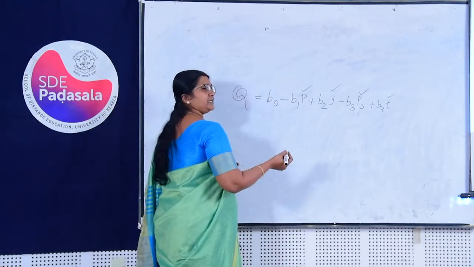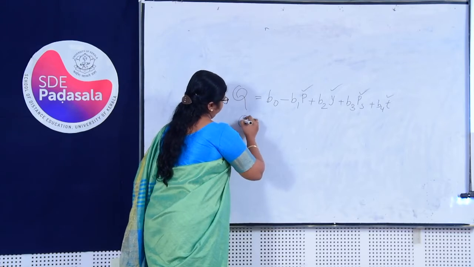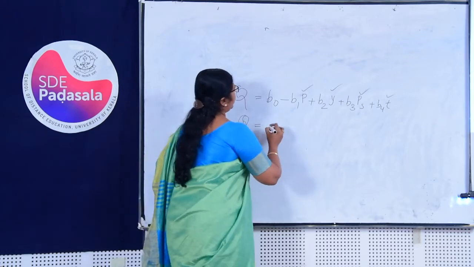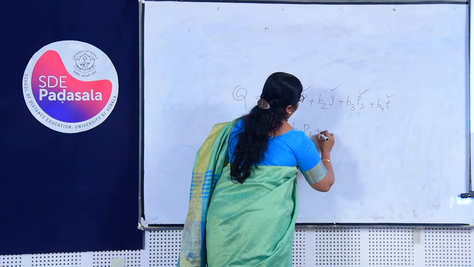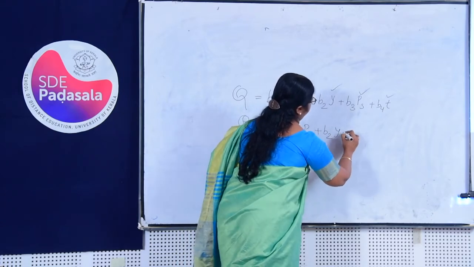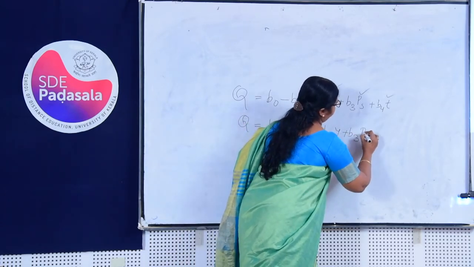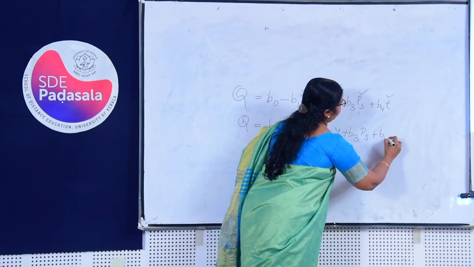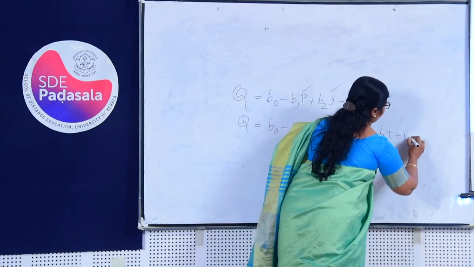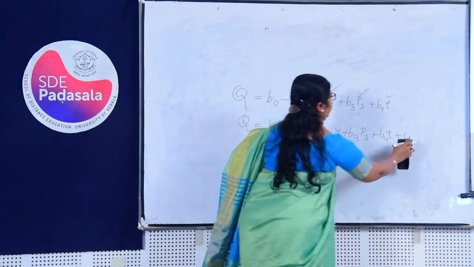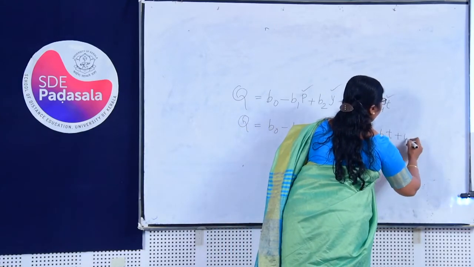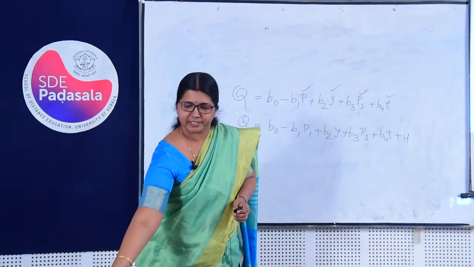Now let us examine an econometric model. Q is equal to B0 minus B1P plus B2Y plus B3PS plus B4T plus U. This is an econometric model.